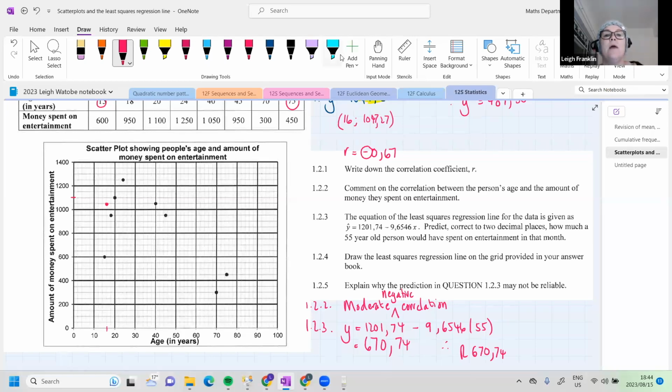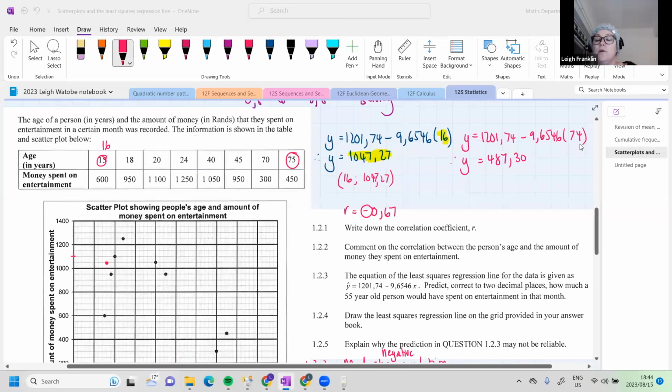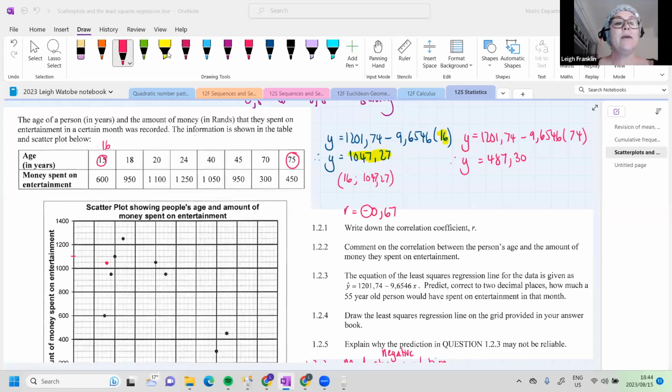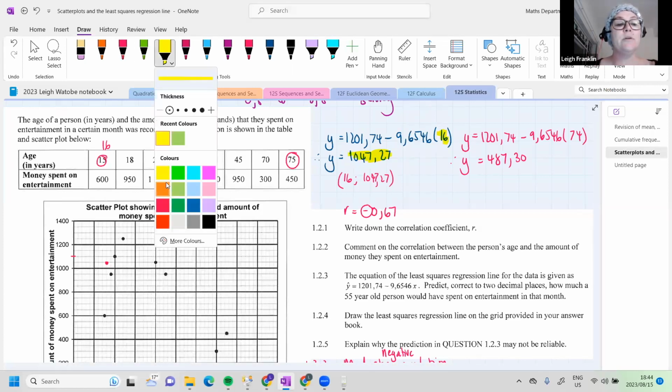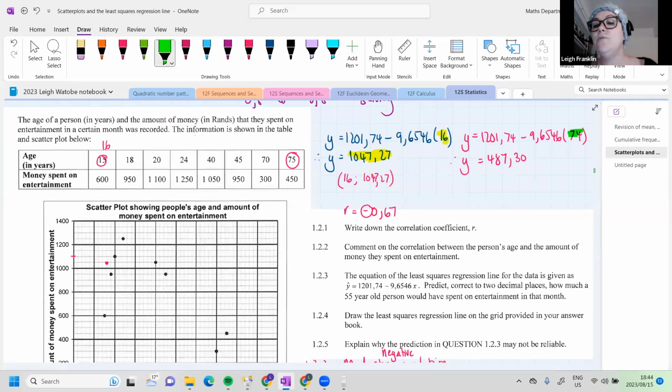Okay. And then we're going to do exactly the same thing with the 74. So here on this side of the upper end, our 74 is going to be plotted against the 487.30. That's going to also give us a point.